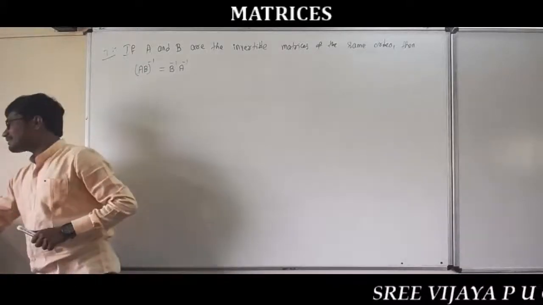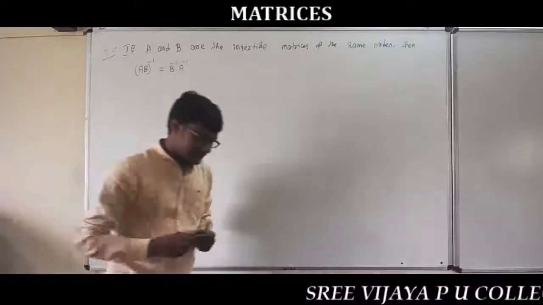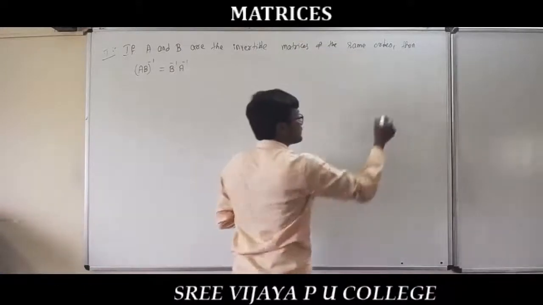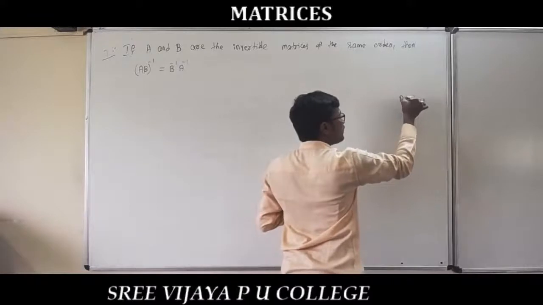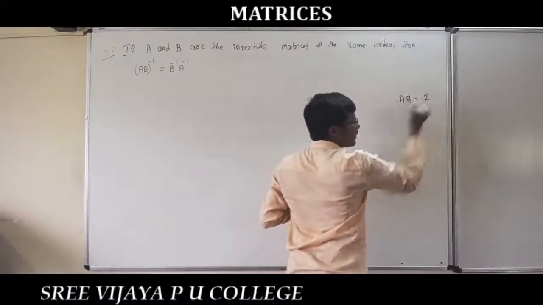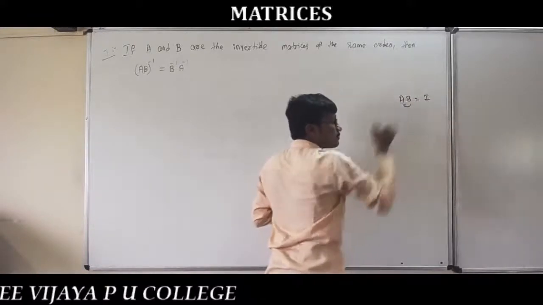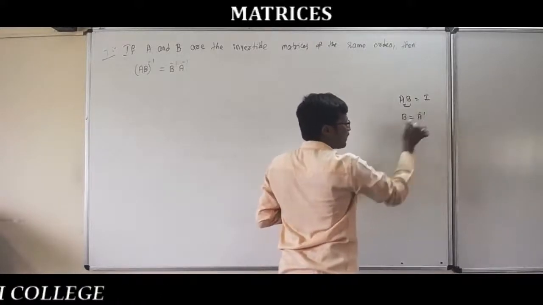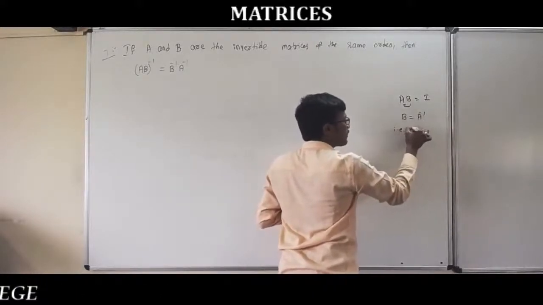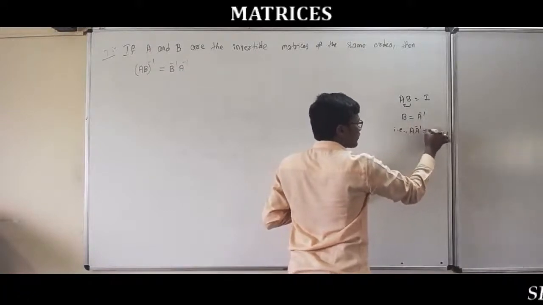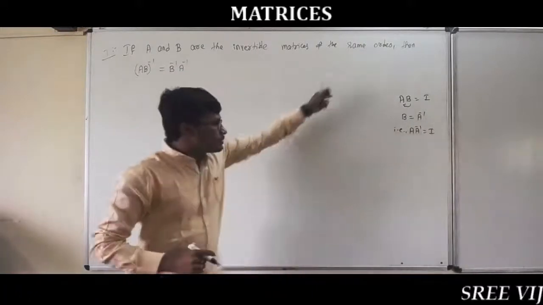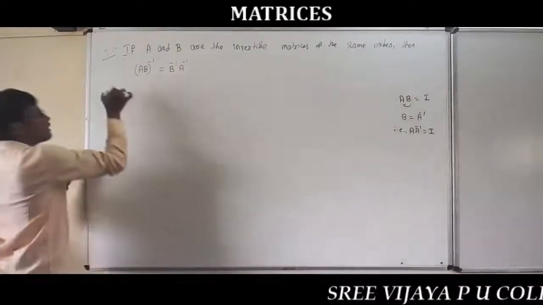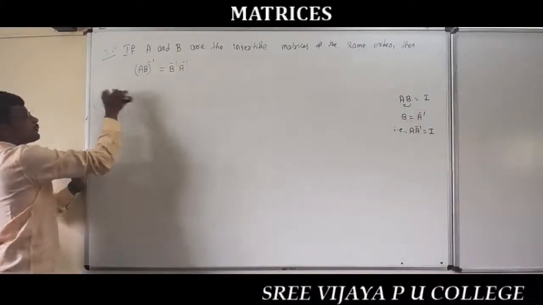Previously, for invertible matrices, if AB equals I, we can say that B is the inverse of A, that is B equals A inverse, so A into A inverse is equal to I. According to the definition of the inverse of a matrix, we can discuss the proof.